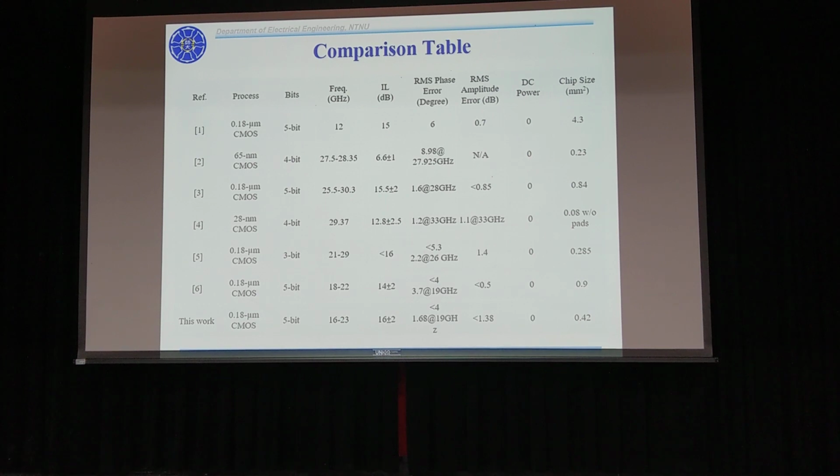The RMS amplitude error is 1.38 dB, and the chip size is 0.42 square millimeters. This phase shifter achieves better RMS error and chip size.